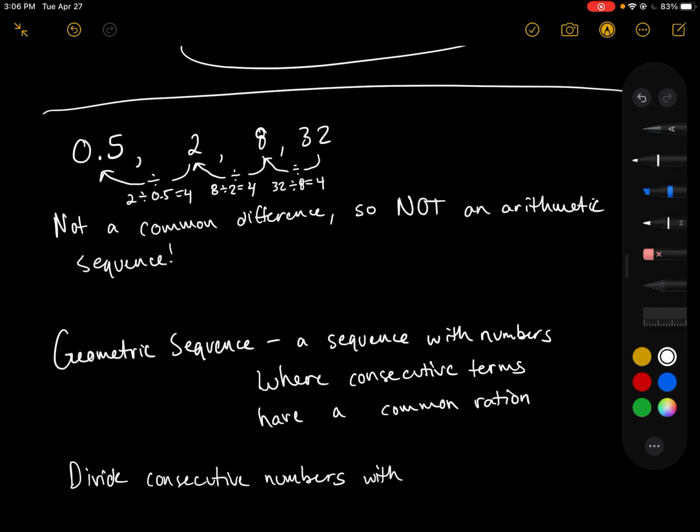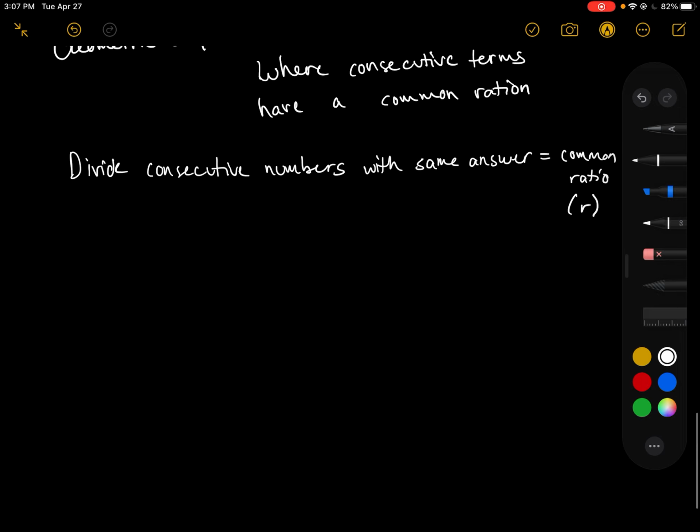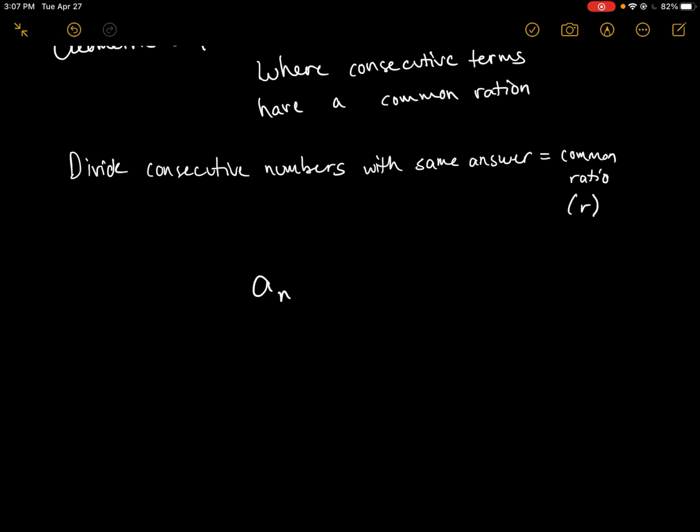So if we divide consecutive numbers and we always get the same answer, we call that our common ratio. And we write our common ratio as r. So that's going to be r in a geometric sequence.